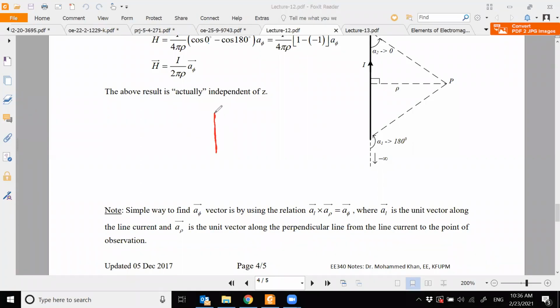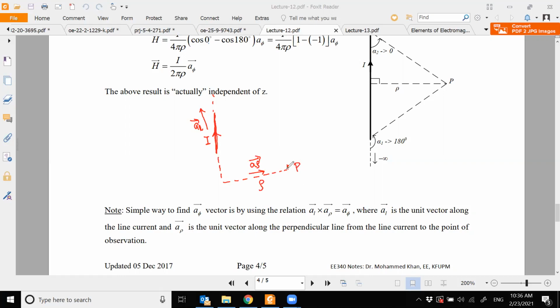If this is my line current, and this is my current direction I, then my a L unit vector is in this direction. If this is my observation point P, then this is my perpendicular distance rho, and this is my a rho vector, the unit vector along the perpendicular line.